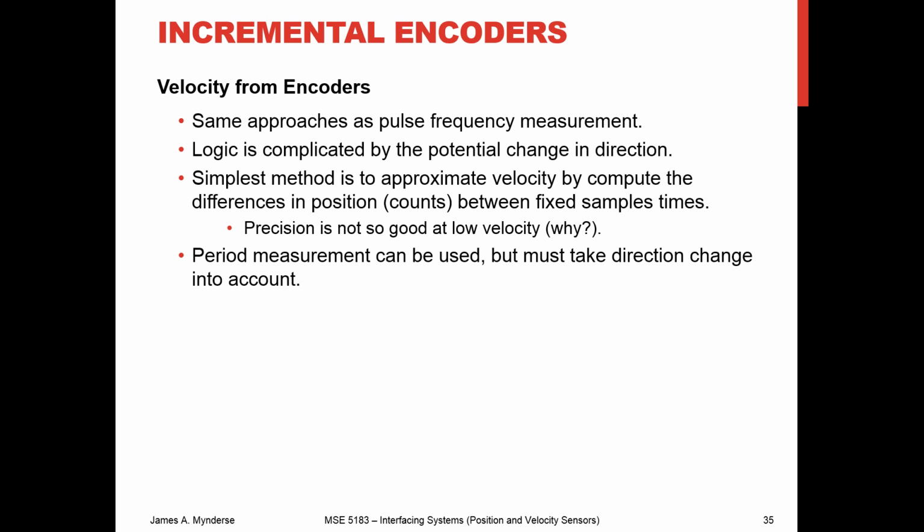So one way to do your differentiation is to do your differences in position between fixed sample times, which is just your very simple forward or backward difference approximation. But if you look into online differentiation, it's not a great estimate. There are other ways that might be better. That's perhaps a topic for a different course.